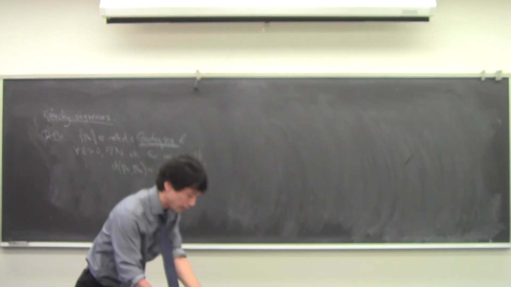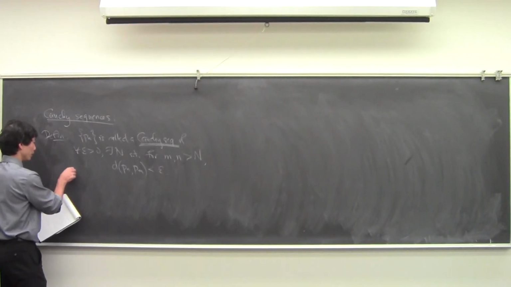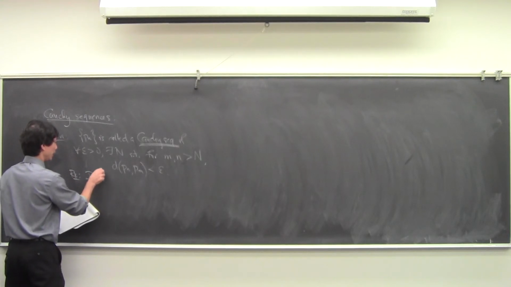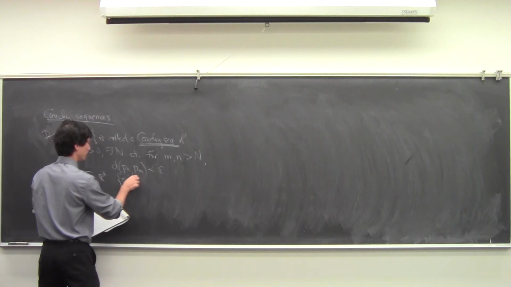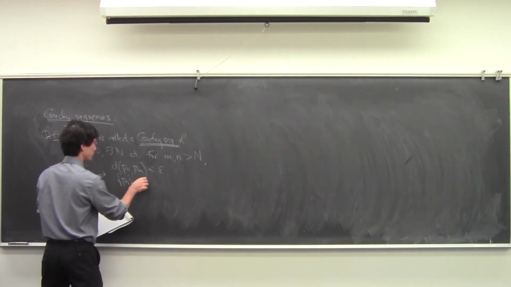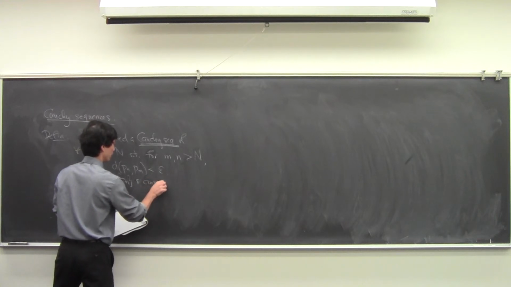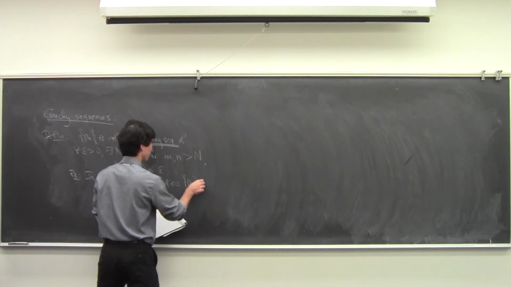And what we'll see later today is that in R^k, a sequence is convergent if and only if the sequence is Cauchy.